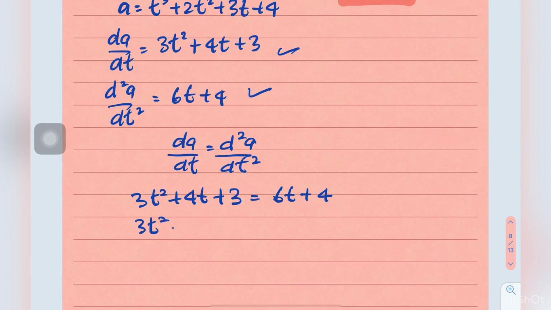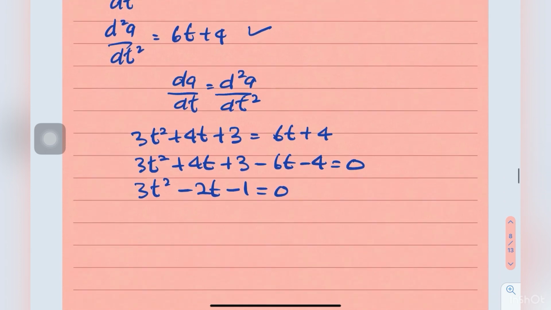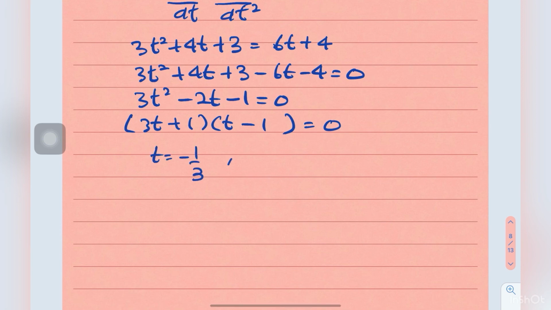It becomes 3t squared plus 4t plus 3 minus 6t minus 4 equals 0. So 3t squared minus 2t minus 1 equals 0. This is a quadratic equation in general form. To solve a quadratic equation, you can factorize. Here we get (3t plus 1)(t minus 1) equals 0. Therefore t is negative 1 over 3 and t equals 1.